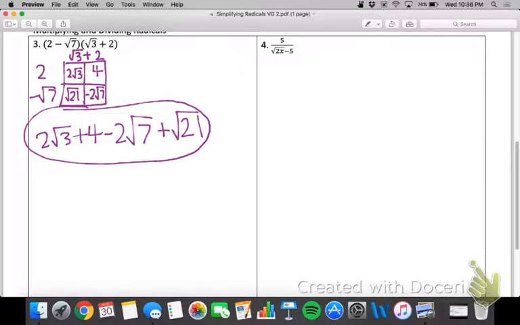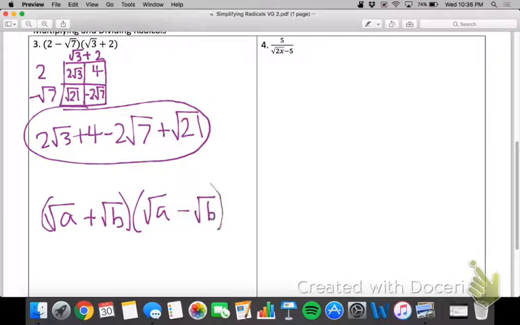So if you have something like square root of a plus square root of b, and you multiply it by square root of a minus square root of b, then all of your radicals will cancel each other out. You end up with, well, you'll see over here. So what we're going to do is multiply by the conjugates to the numerator and denominator.